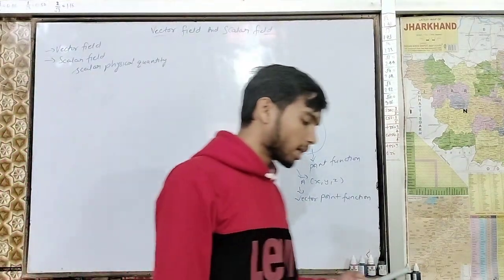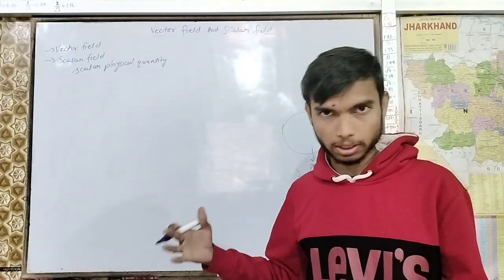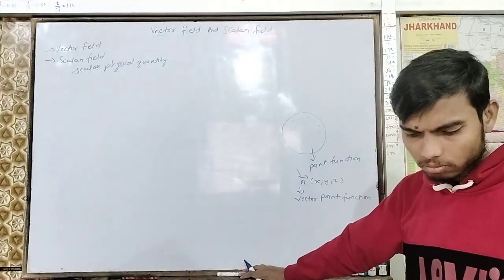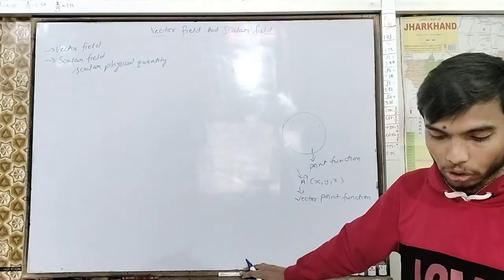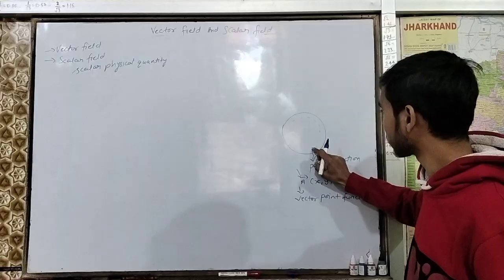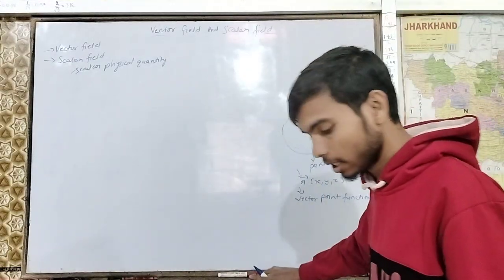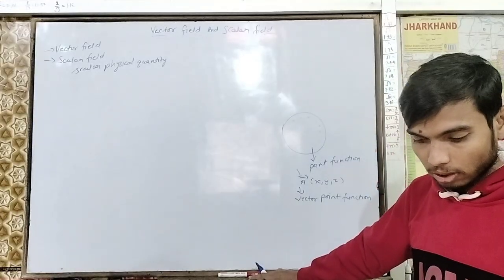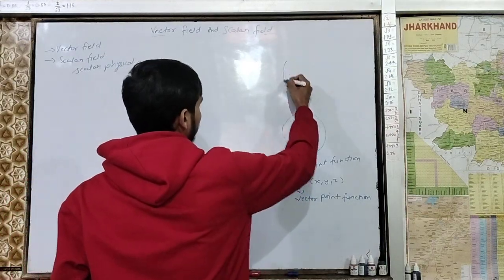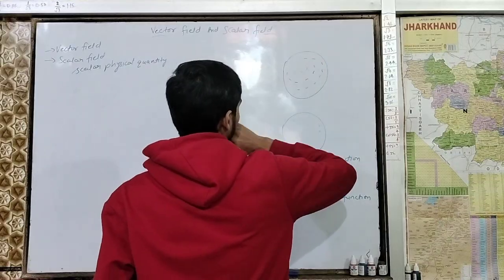When a scalar physical quantity is expressed from point to point in a region of space by continuous points, from this point to this point, that is how we are expressing a physical quantity which is a scalar quantity. So the function will be nothing but, we will take what function? Let's suppose these are points which are continuous.